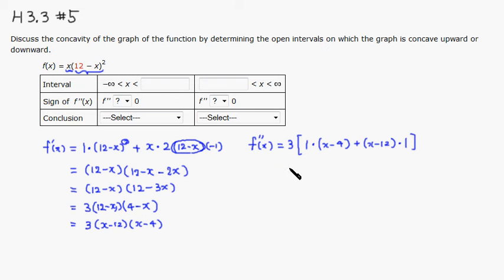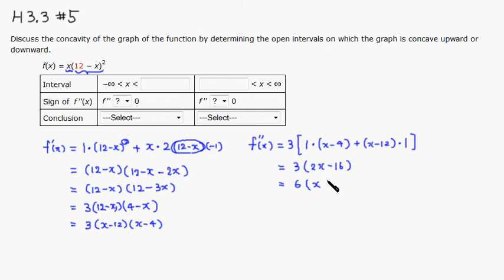So if you combine that, you have 3 times x plus x, so you have 2x, minus 4 plus minus 12, so -16. So we can pull out the 2, so it's going to be 6 here because 3 was already there.